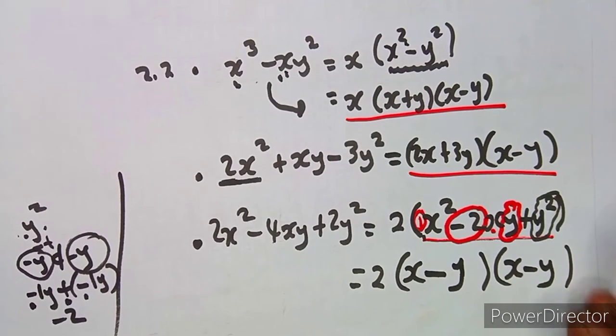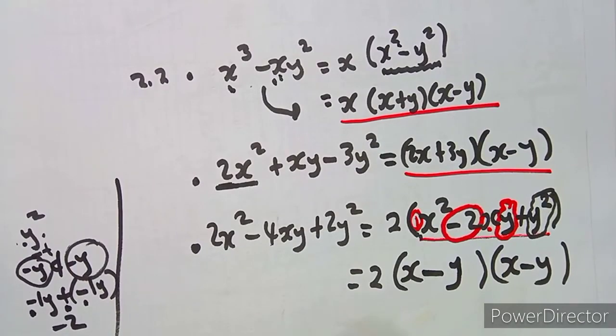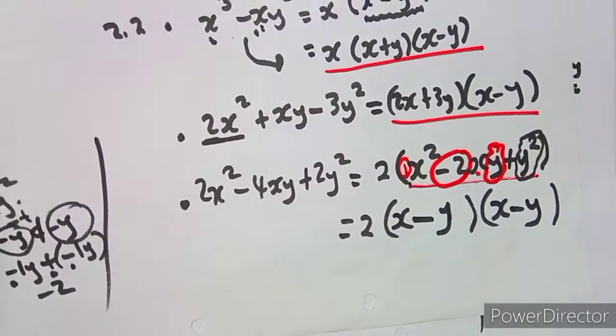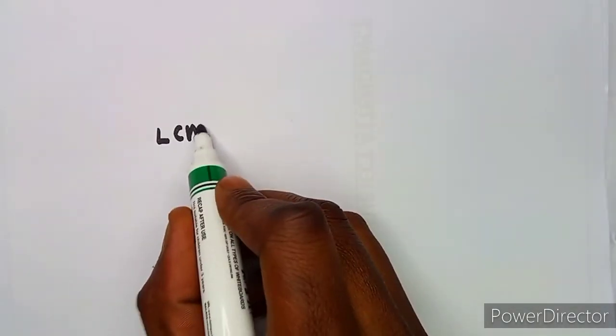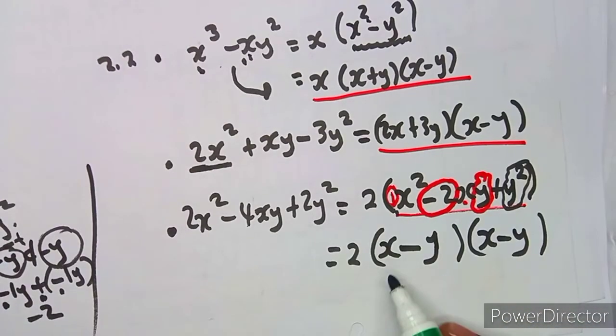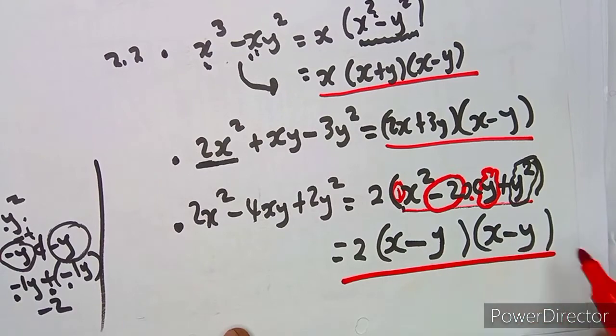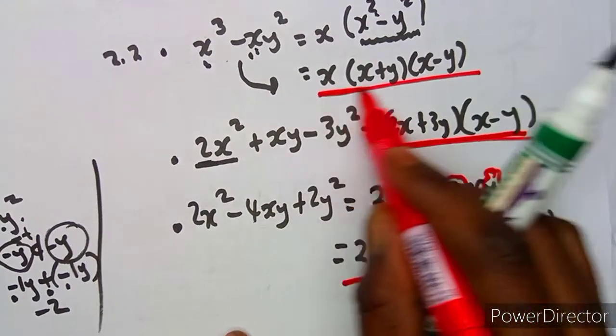Okay, so now what is going to be the LCM? Remember, the question is asking us to determine the LCM, and I told you that for LCM, you take everything that is given, every term should be taken. So let's start with terms which are outside of the bracket. Remember, we are working with these three, this one, and this one.